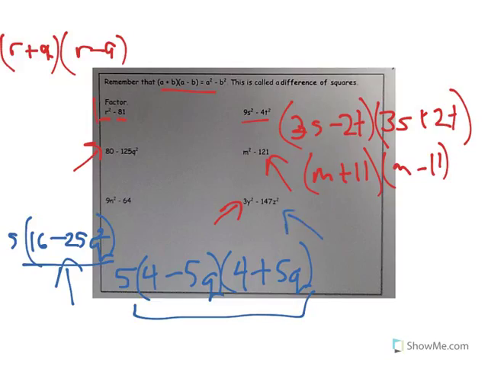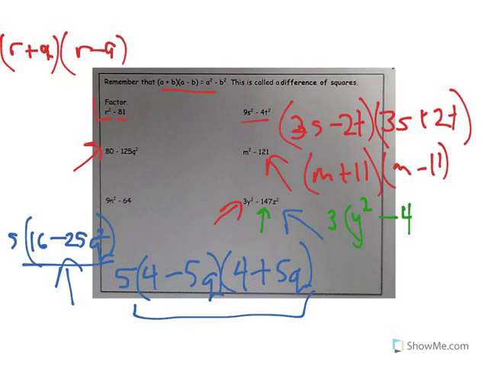I want to do this one over here as well. In this case, the only way we can get rid of some of that is to divide by 3. When we divide by 3, we end up with 3 on the outside and then y squared minus, and 3 divided into this, it's going to be 49, I believe.